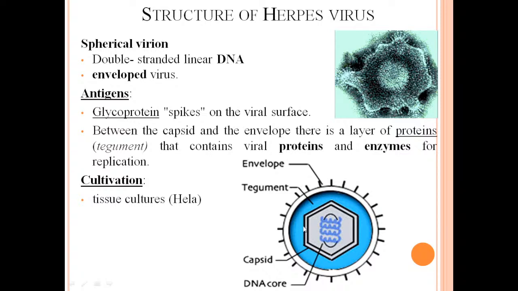Between the capsid and envelope there is a layer of proteins that is called tegument that contains viral proteins and enzymes for viral replication. It is shown in blue color. We can cultivate herpes viruses in tissue cultures, for example, HeLa.